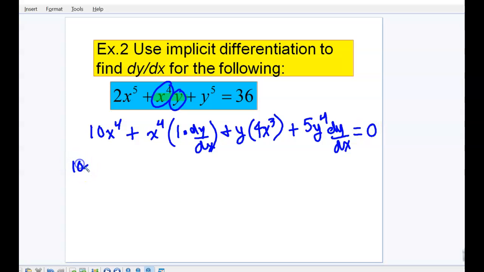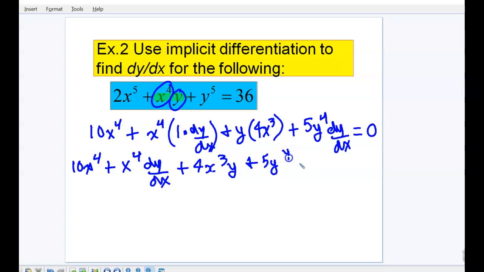So if I clean this up a little bit, I get 10x to the 4th plus x to the 4th dy dx plus 4x cubed y plus 5y to the 4th dy dx, and this equals 0. And now if you look on the previous slide, the steps involved were collect all the terms with dy dx on one side.